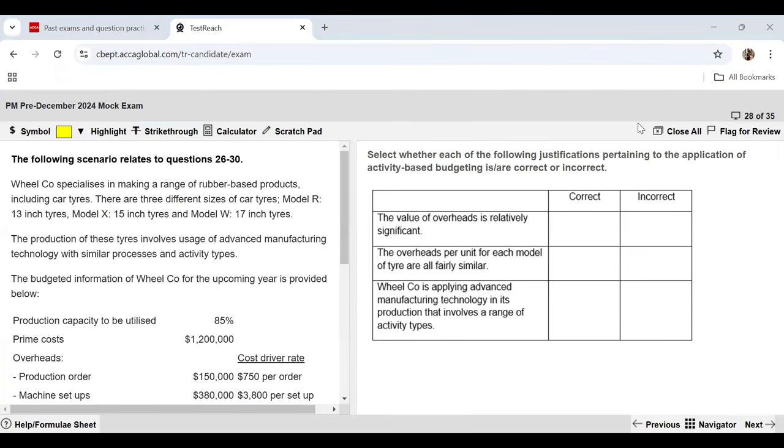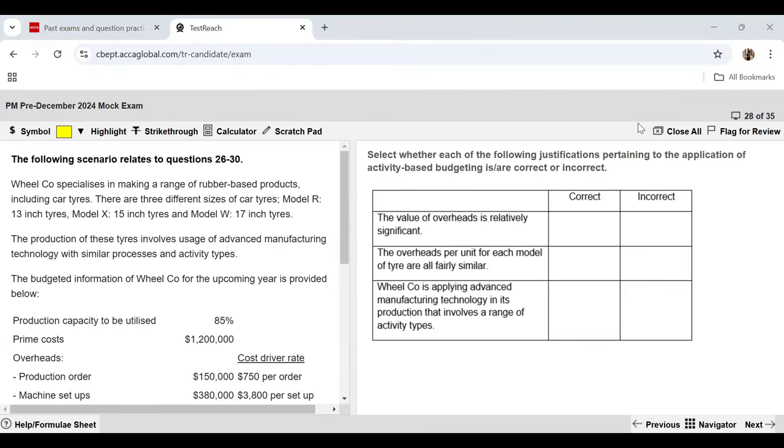This is question number 28. You have to select whether each of the following justifications pertaining to the application of activity budgeting is or are correct or incorrect. First statement says that the value of overheads is relatively significant. So this is absolutely correct. Activity-based budgeting is all about the exact distribution of your overheads between the different products in a more fair manner.